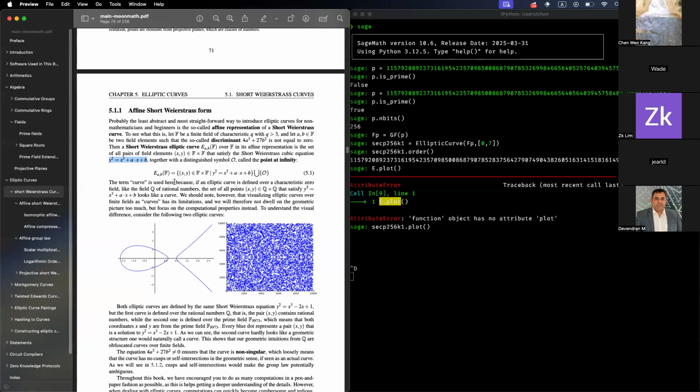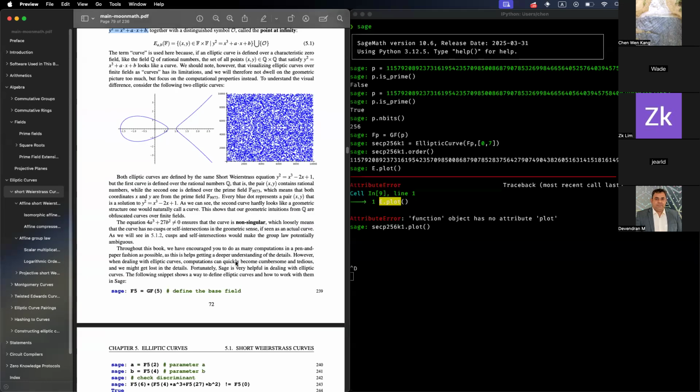I believe that's why we use this representation. There's another representation; I don't recall the name. I will need to go and look it up again. But yeah, the affine representation is this.